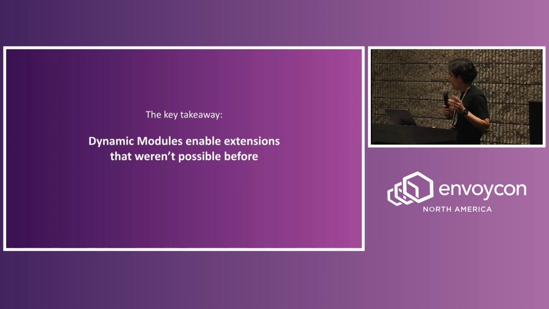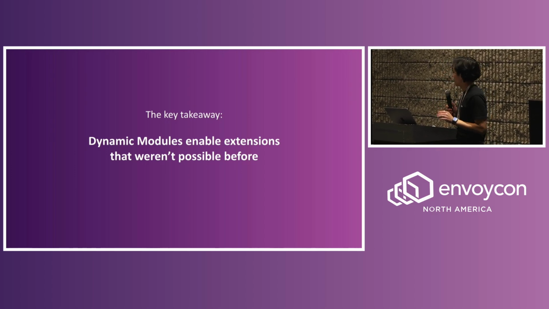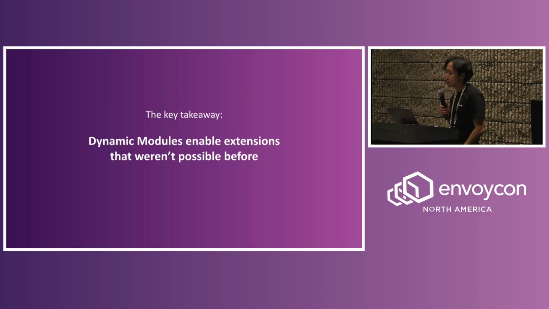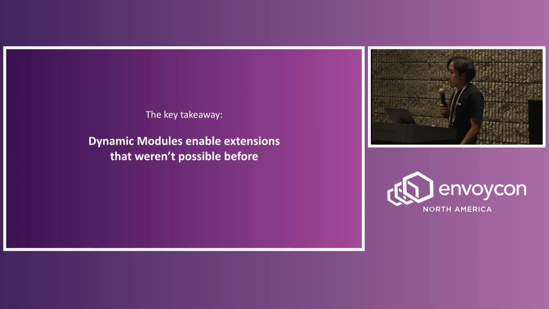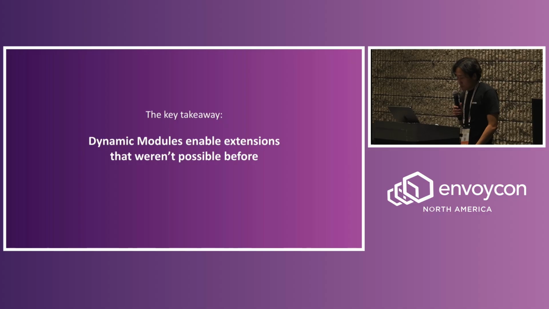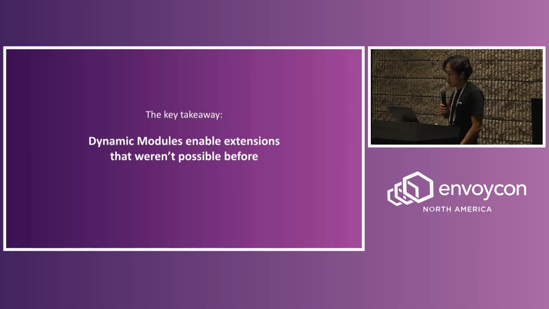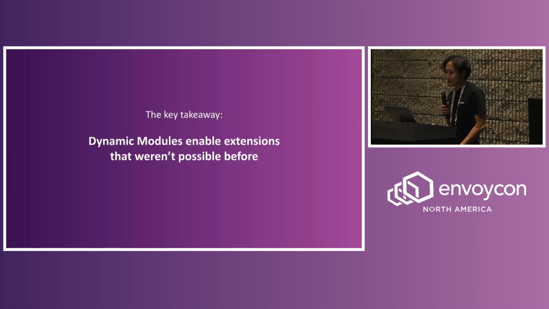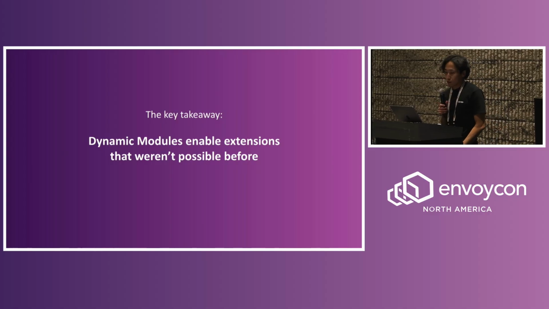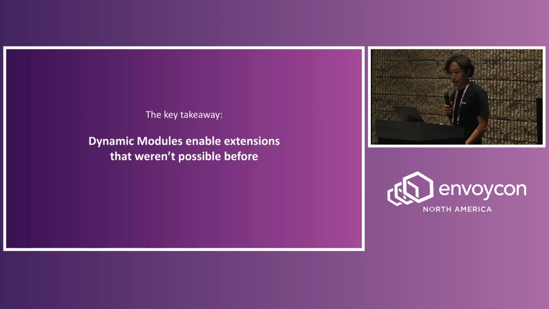Of course, anything is possible because it's software and you can write a C++ extension. But what I'm trying to say is that dynamic modules is really powerful for use cases in a normal way, without forking Envoy or writing in C++. So that's the message I wanted to deliver in this talk.